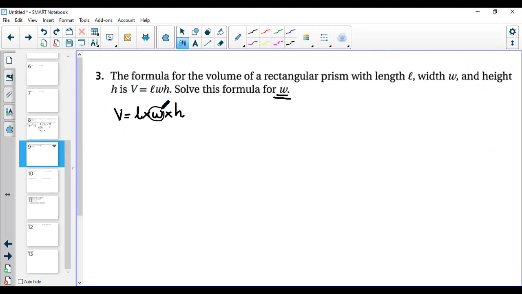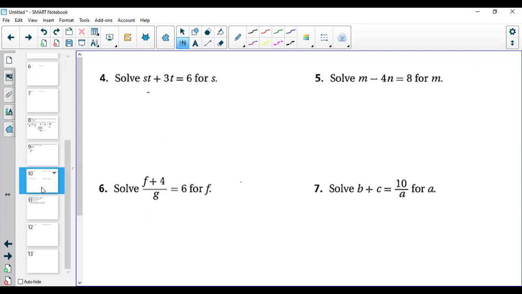To keep W alone, we need to move L and H to the other side. They are both multiplied, so what happens when they move to the other side? It becomes divide by LH. So W equals V divided by LH. It's as easy as eating a piece of cake, as I told in a previous video, right? Okay, let's move to another question.